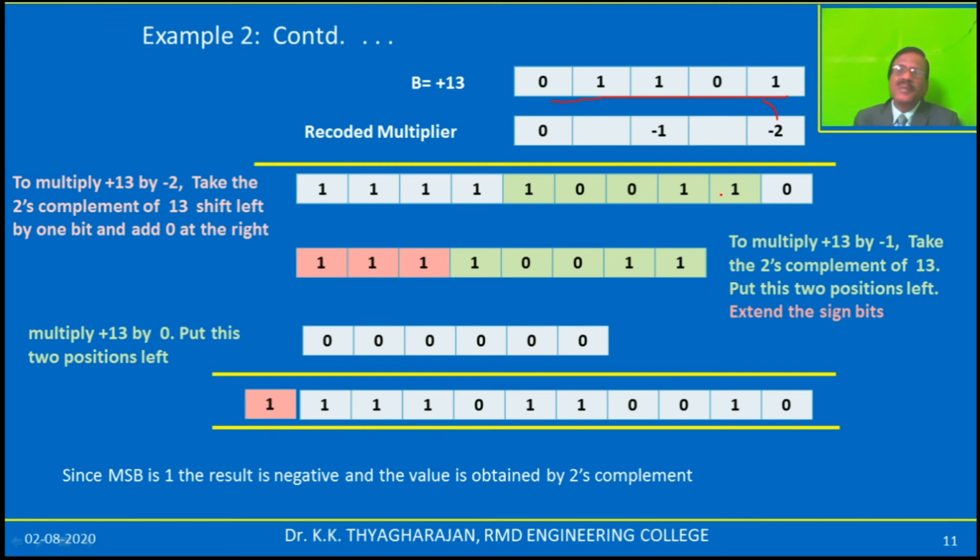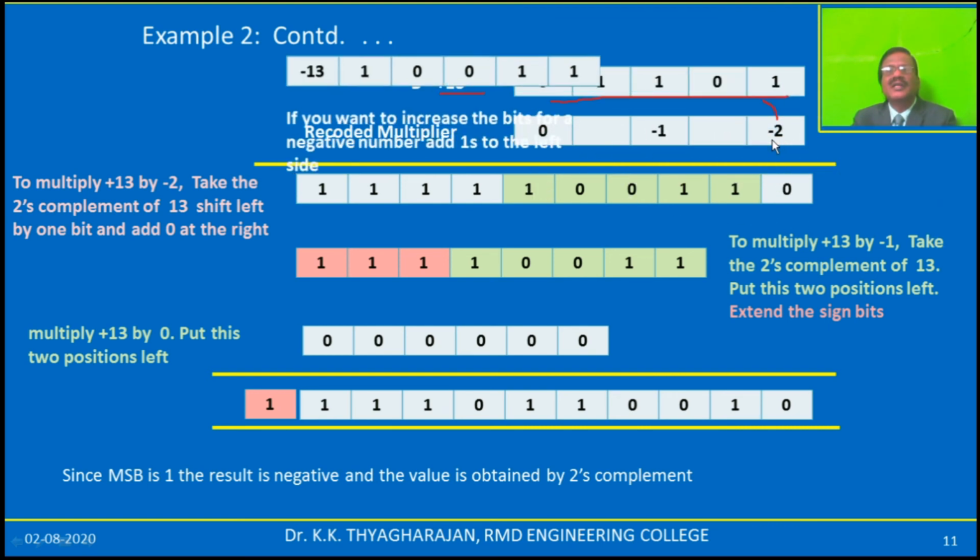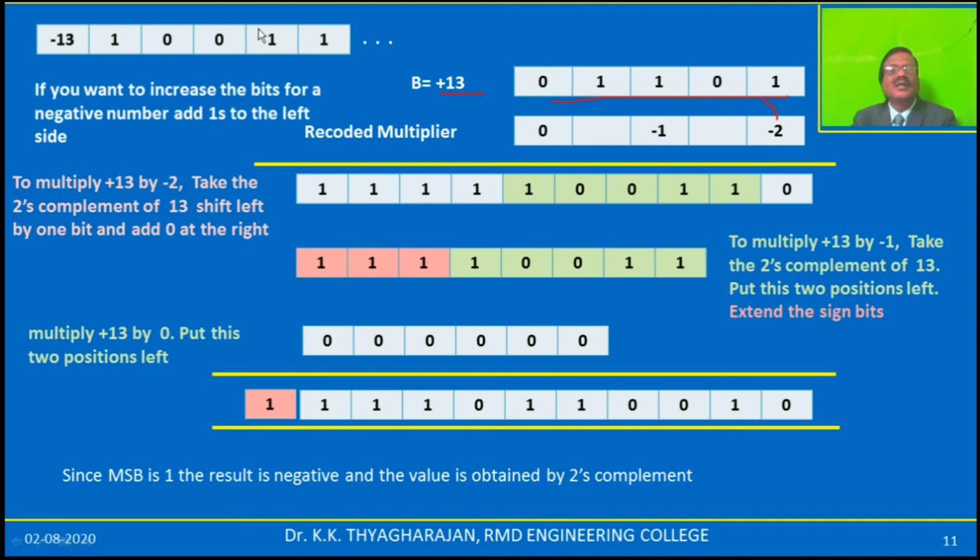So multiplying by minus 1 means what? If you have plus 13 and you multiply by minus 1, then you will get minus 13. So what is minus 13? Already we have found it. You bring that here. So minus 13 is 10011.